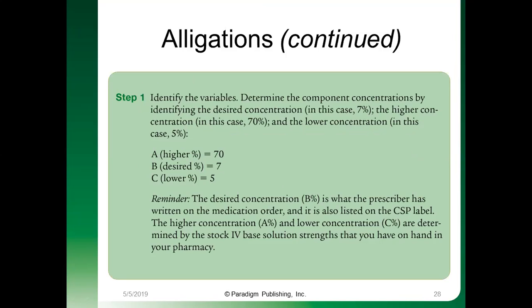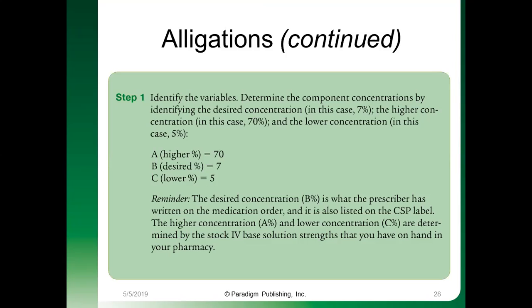First, identify the variables. Determine the compound concentrations by identifying the desired concentration, in this case 7%, the higher concentration, which is 70%, and the lower concentration, which is 5%. As a reminder, the desired concentration, B%, is what the prescriber has written on the medication order and is also listed on the CSP label.